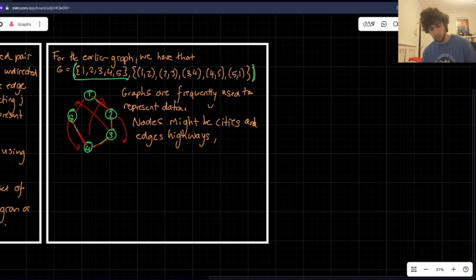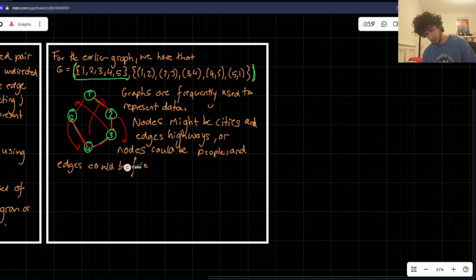Or something else that you might see is nodes being people, and actually the edges could be friendships. And so any result that we prove about graphs, really, keeping it general here, could be directly translated to some model, like, for example, a group of friends, right? Because each of the friends we could represent with nodes, and the friendship ties we could represent with edges.